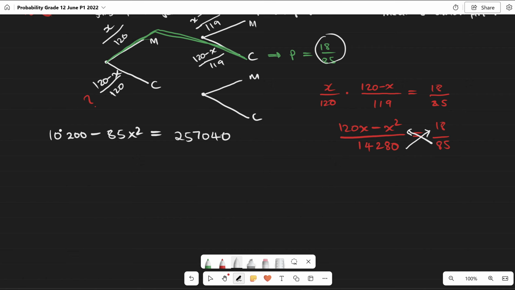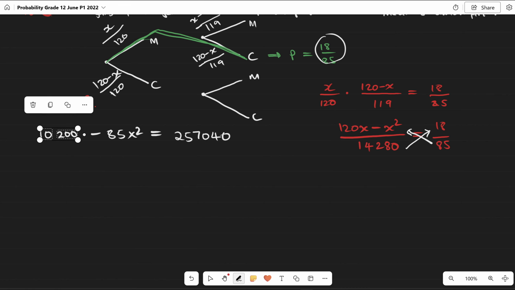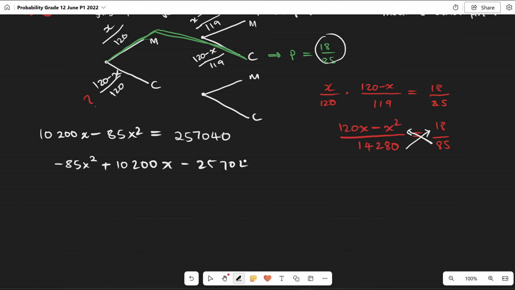Sorry, let me fix this. This is 10,200x. So now what we have is negative 85x squared plus 10200x minus 257040 is equal to 0.